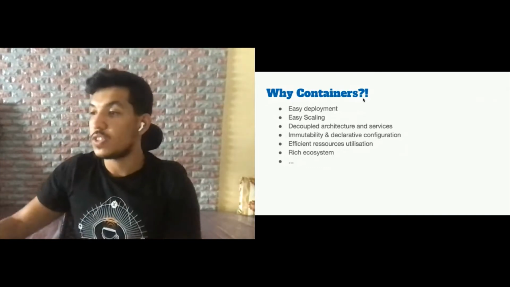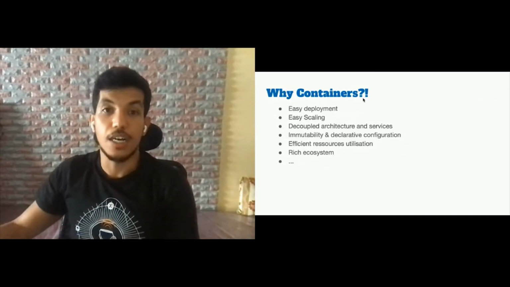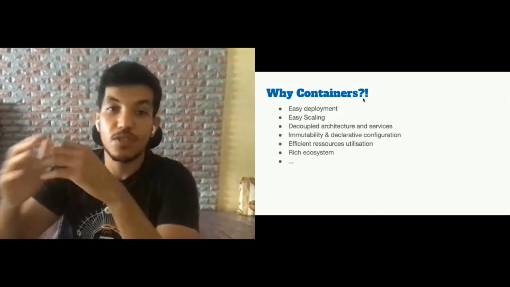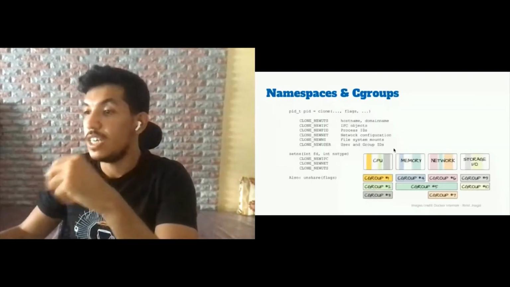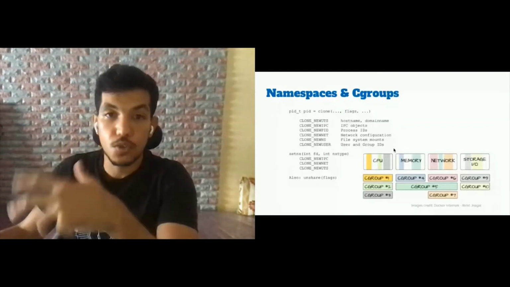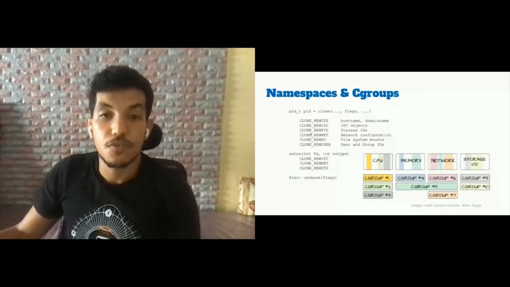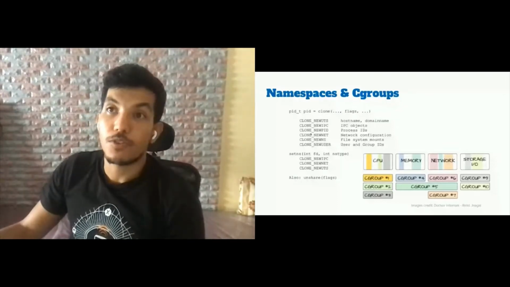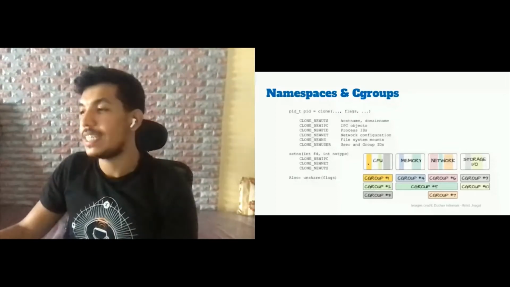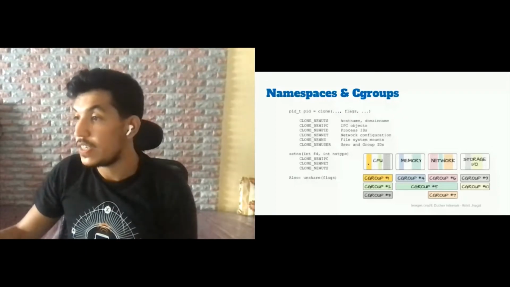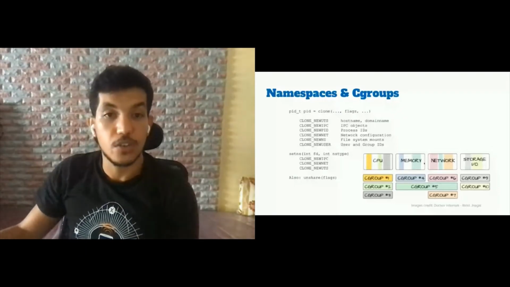Each process can see its own view on different namespaces like process ID, network ID, user ID, and so on. Cgroups, on the other hand, are used to let us implement metering and measuring for the resources that can be used by a process, like memory, CPU, block I/O, network I/O, and so on.